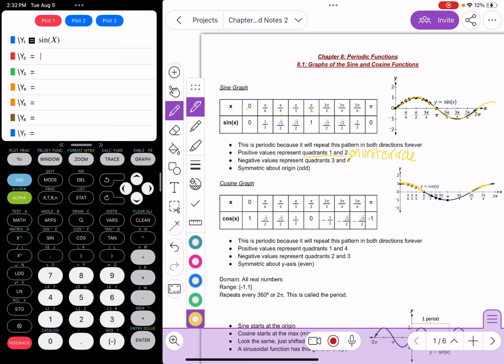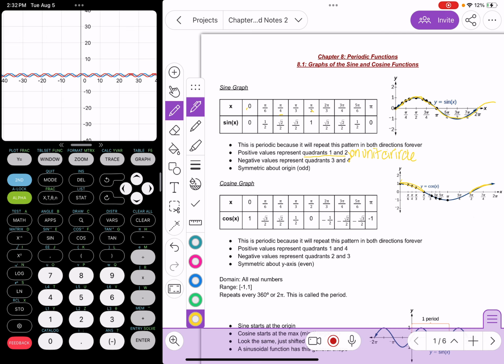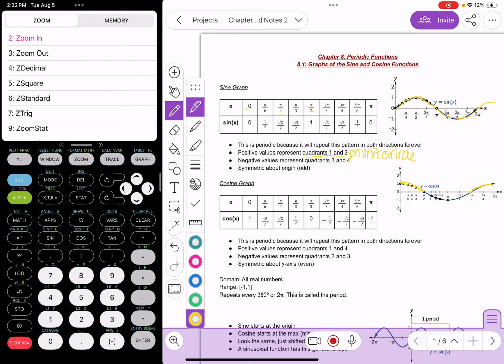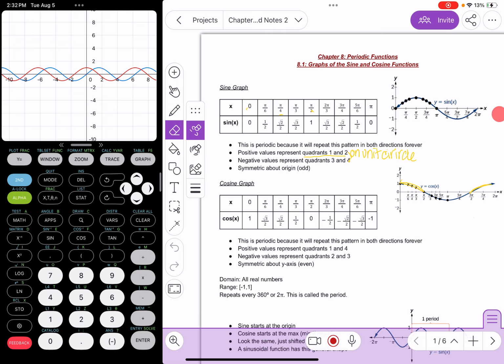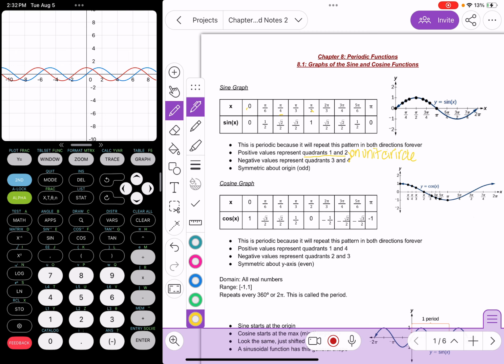In the long term, cosine and sine look very similar, just shifted. So if I zoom in a little bit, they're the same graph, just shifted vertically, left and right. But when you only look at one period, the difference is sine goes from the middle to the middle.